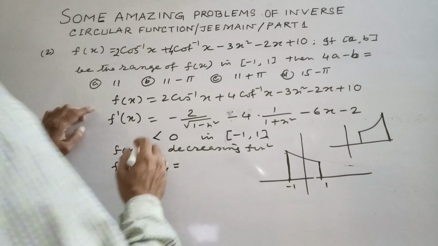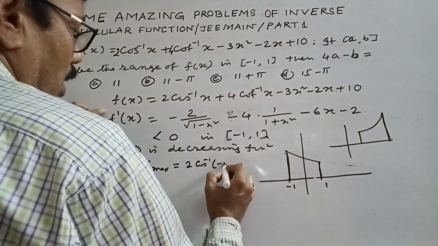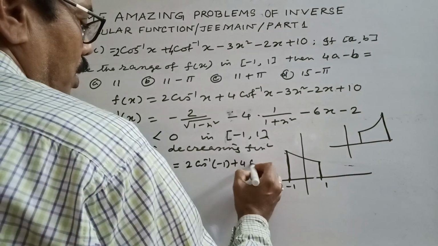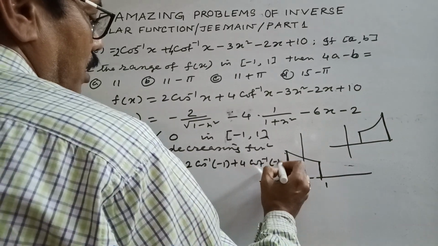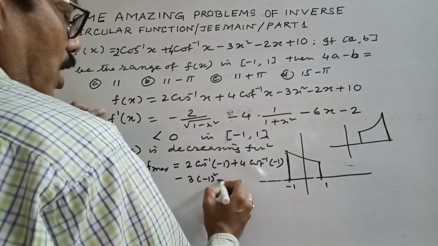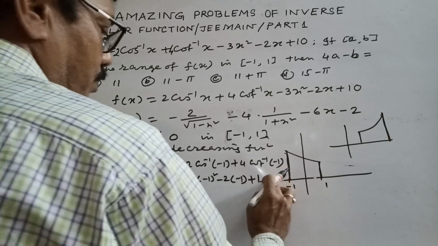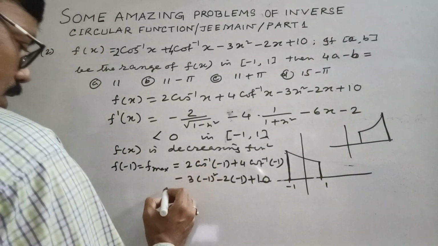Now if we put minus 1: 2 cos inverse(-1), 4 cot inverse(-1), minus 3 into (-1) whole square, 2 into (-1) plus 10. So what are we getting?